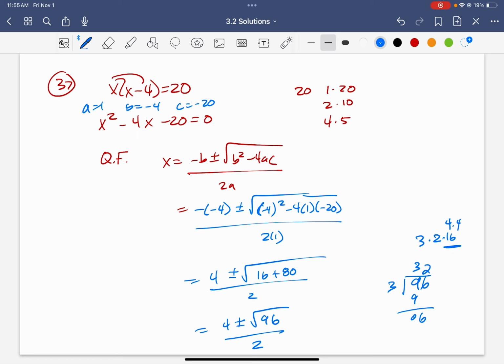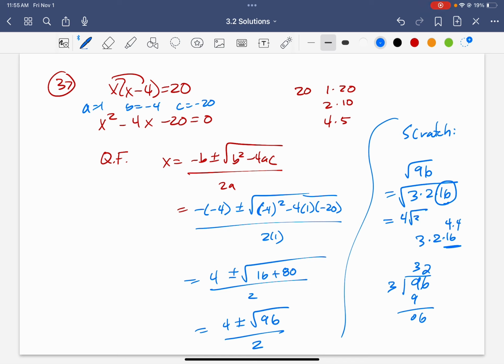So there's our perfect square. So 3 times 2 times 16 is what 96 is equal to, over here on my scratch work. And so any perfect square you can pull out, the square root of 16 is 4, and then that 3 times 2 is left over, so it's just 4 root 6.